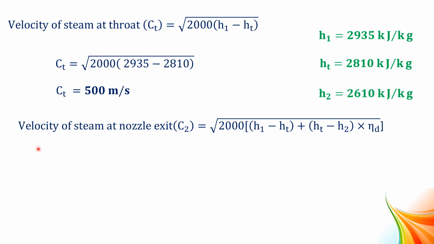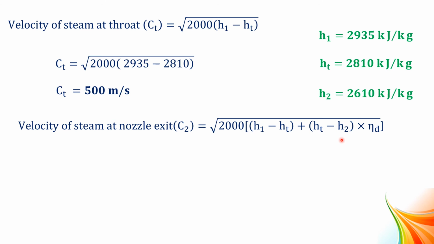Now we have to find out the velocity of steam at the exit. C2 equals square root of 2000 into H1 minus Ht plus Ht minus H2 into eta d. In the convergent part there is no loss, and only in the divergent part is there loss. So we have to multiply the efficiency of the divergent part of the nozzle with the divergent enthalpy drop.